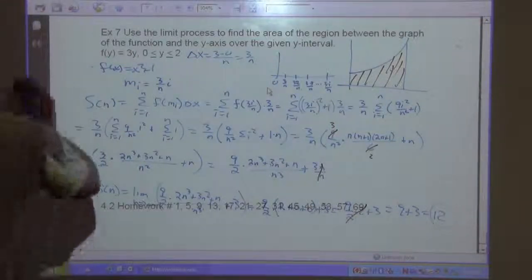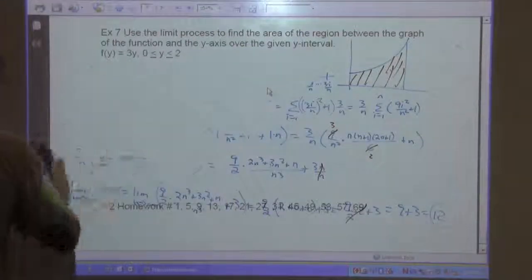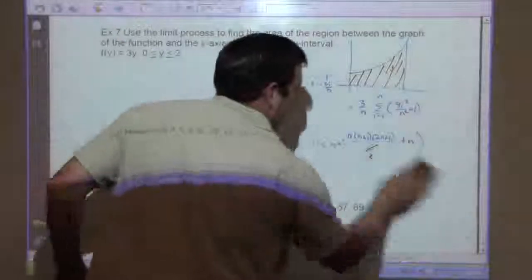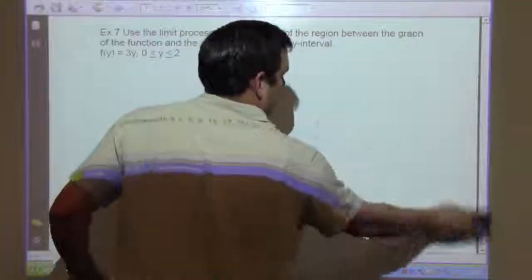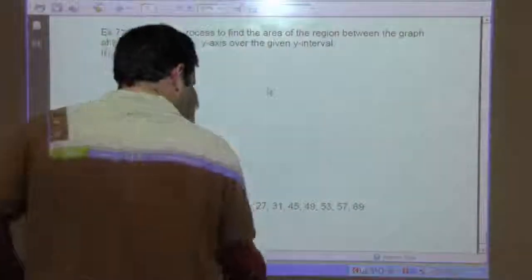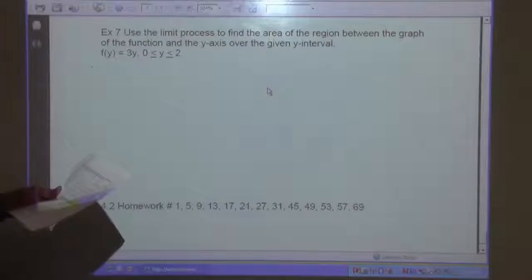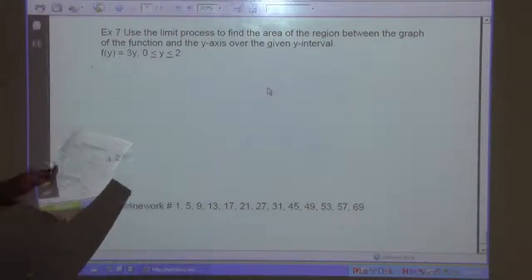It says use the limit process to find the area of the region between the graph of the function and the y-axis over the given y-interval. So f of y equals 3y.